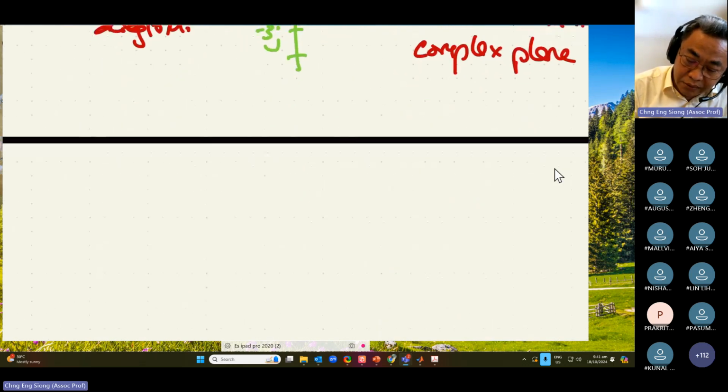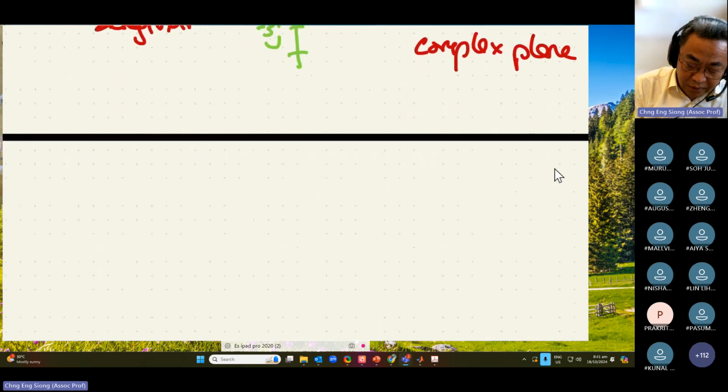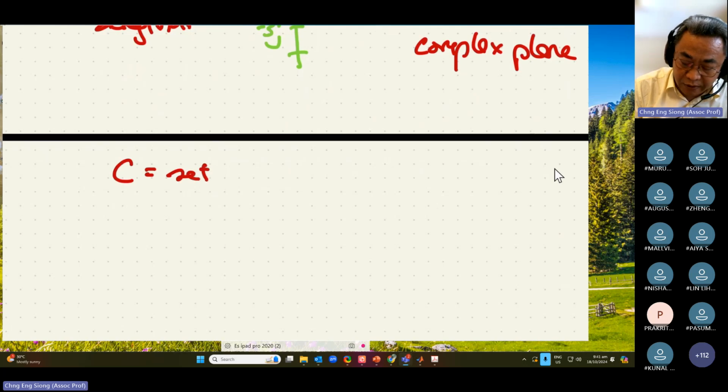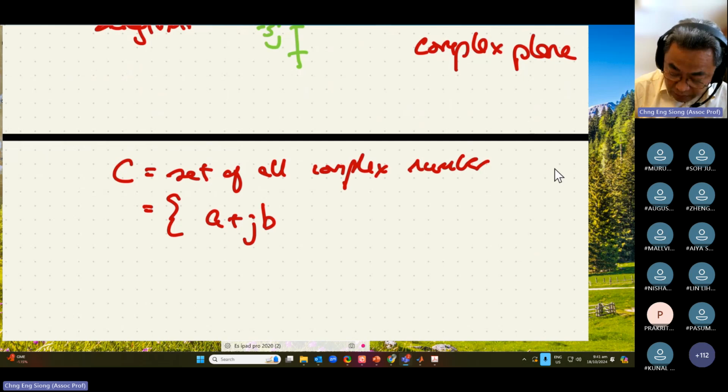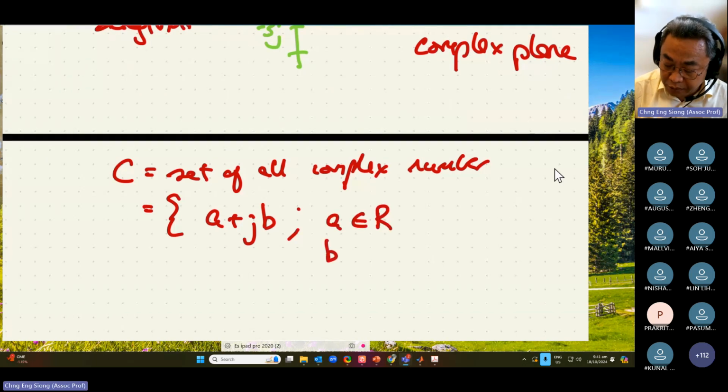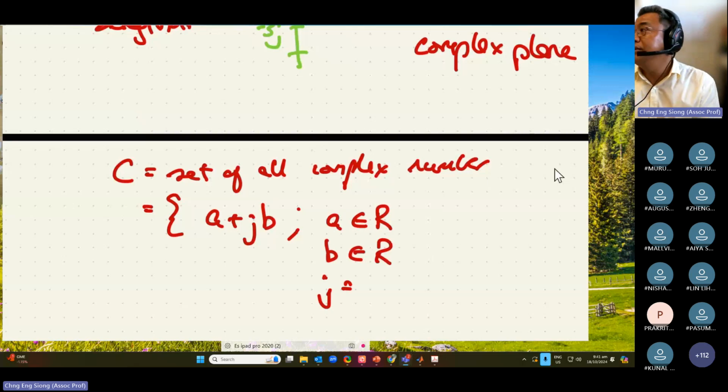So what is the notation we use? We use C as the set of all complex numbers. What are the complex numbers? They equal a plus Jb, where a belongs to the real, b belongs to the real, and J is the definition of J.